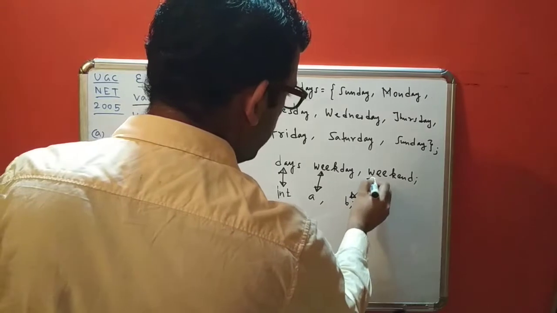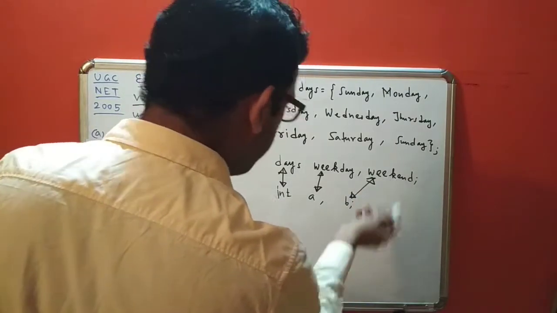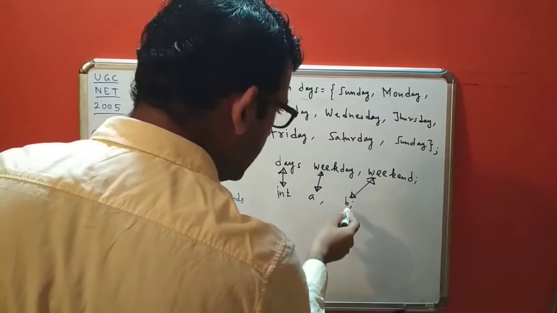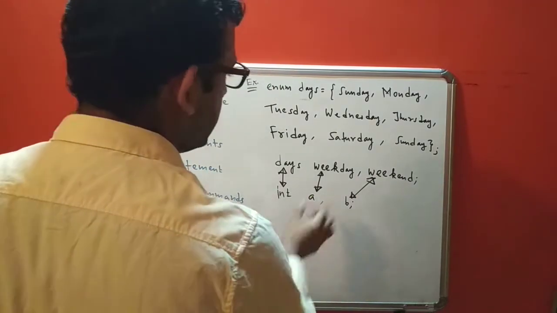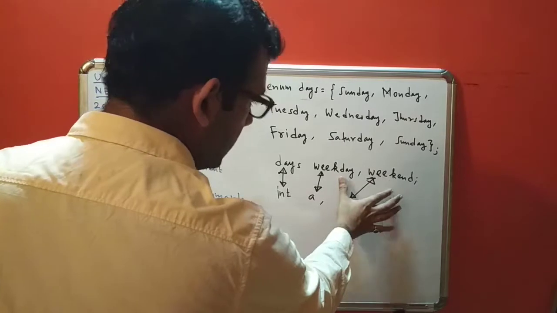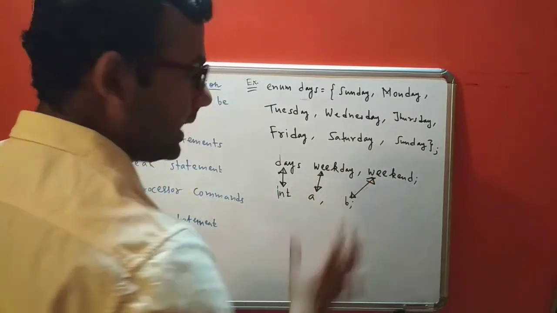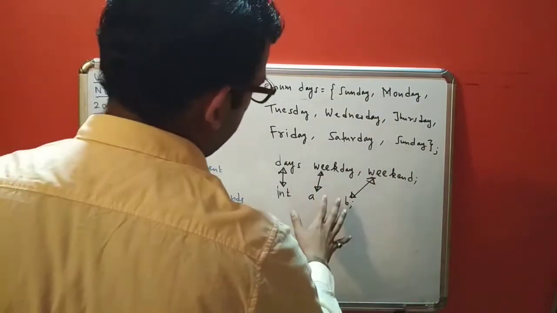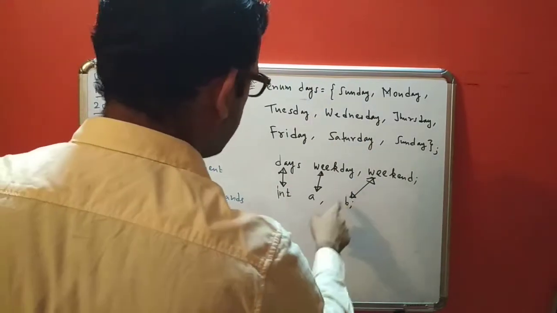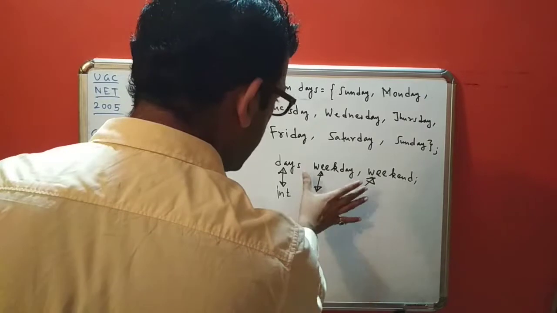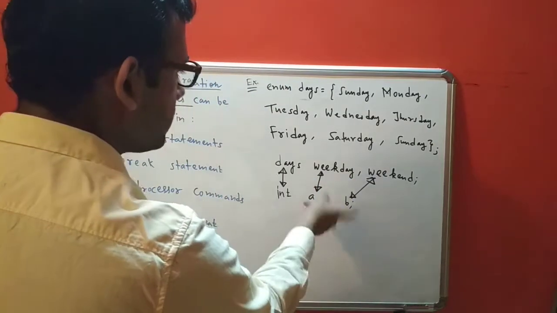Similarly, weekend corresponds to a variable of type days, just like b corresponds to a variable of type int, which means that this statement causes some memory to be allocated at last. This did not cause any memory allocation, but this has, because in this statement, we are declaring two variables of type days.